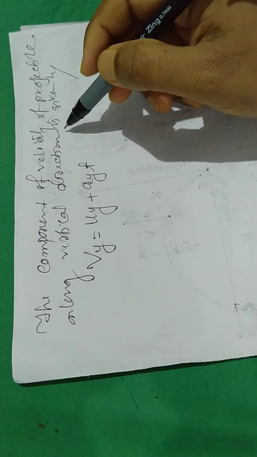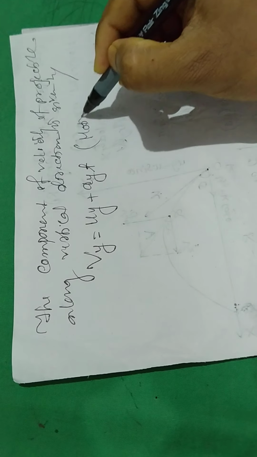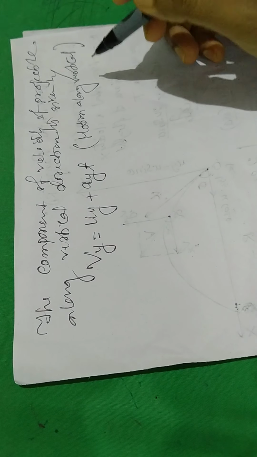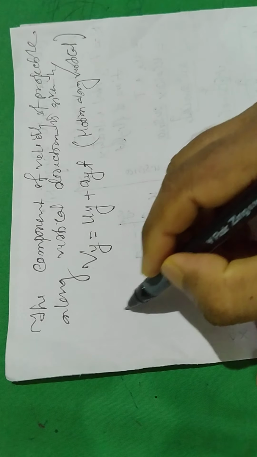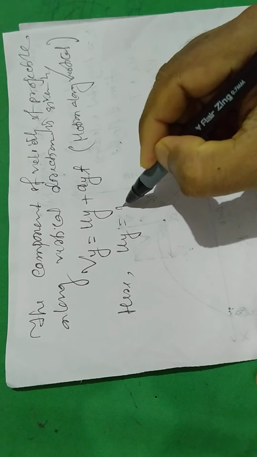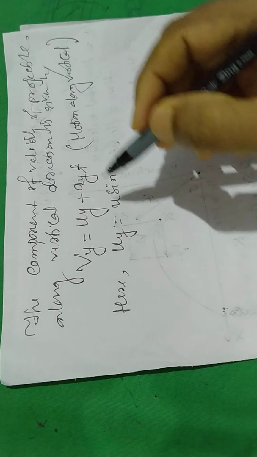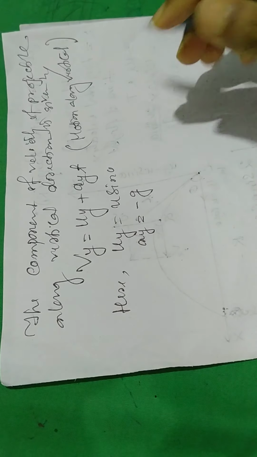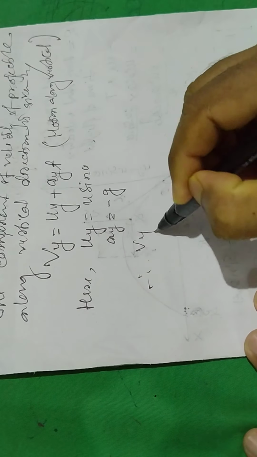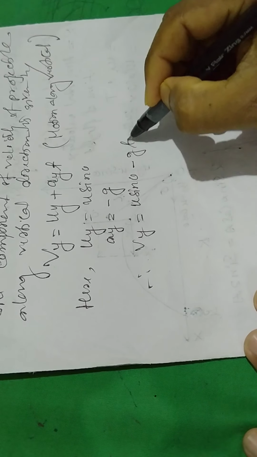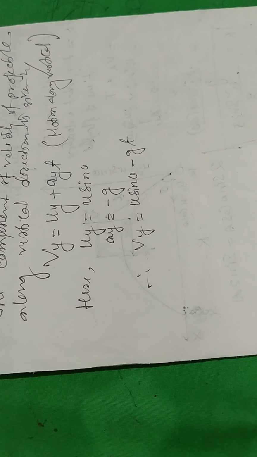Here, motion along the vertical. Here uy equals u sin theta, and ay equals minus g. Therefore, Vy equals u sin theta minus gt. This is the component of velocity of the projectile along the vertical direction at point Q.